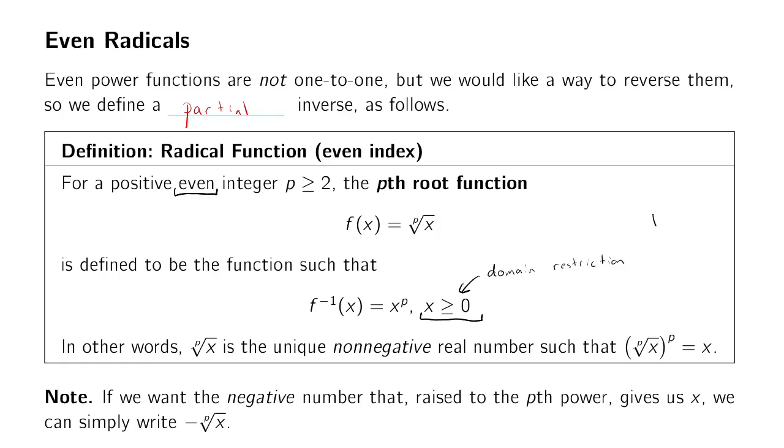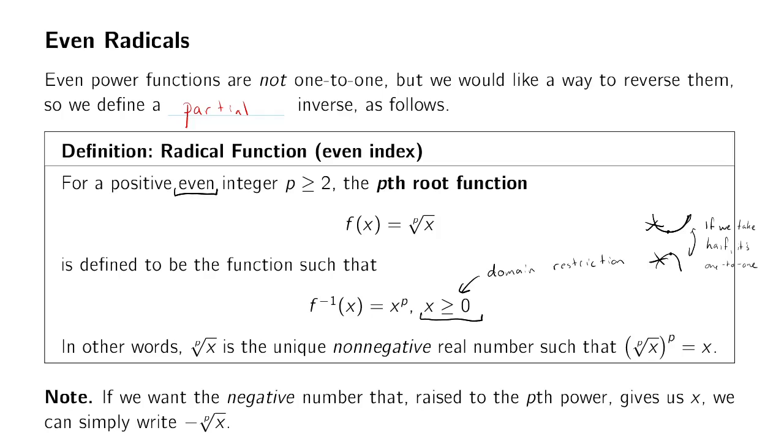So if we take our U-shaped or N-shaped curve and we get rid of all the stuff to the left of 0, what we're left with is one-to-one. And so if we take just the half of our curve where the input is positive, we get something with an inverse, and that's the pth root.